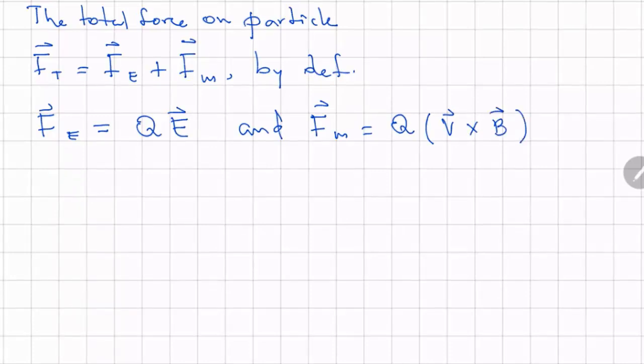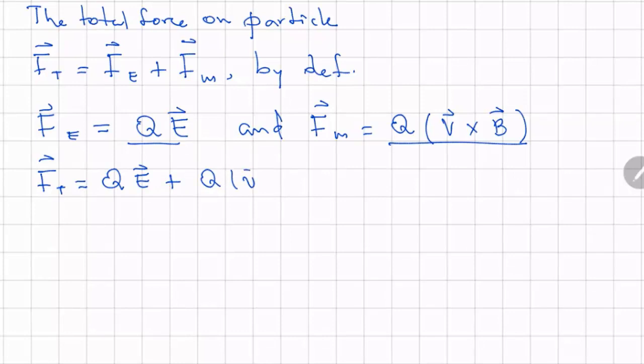So we can write the addition of these two terms like this. Total force is equal to the sum of this term with this. So we get Q multiplying the electric field plus Q multiplying the velocity cross the magnetic field.